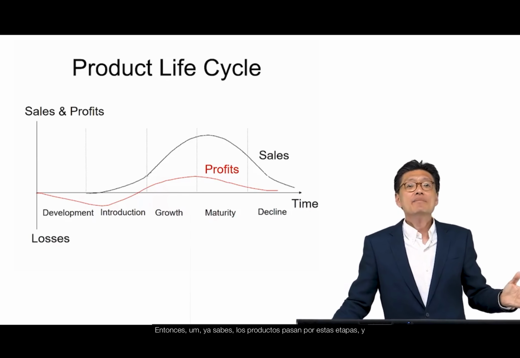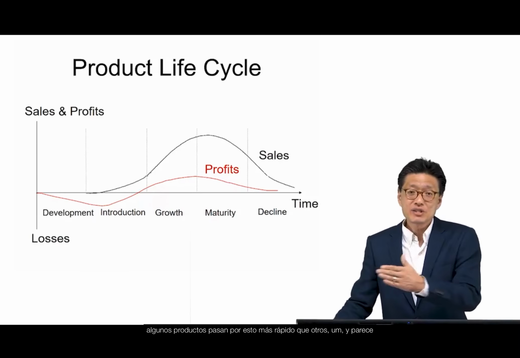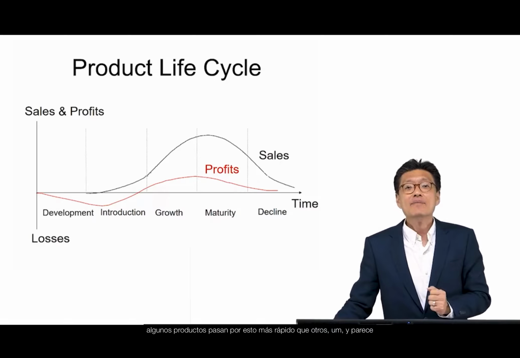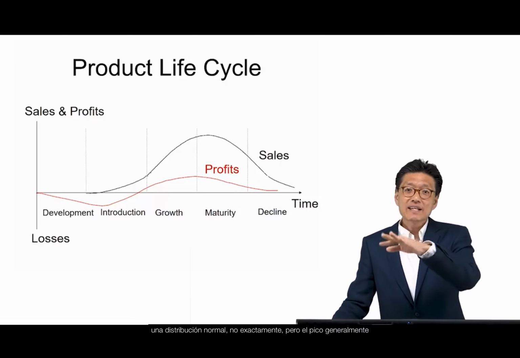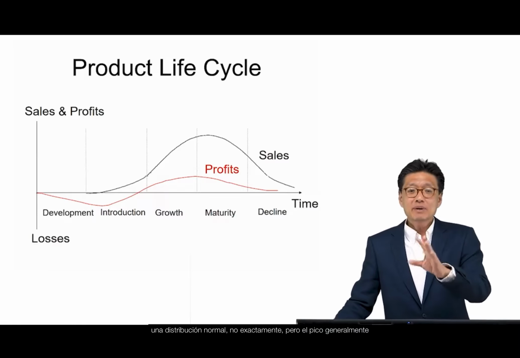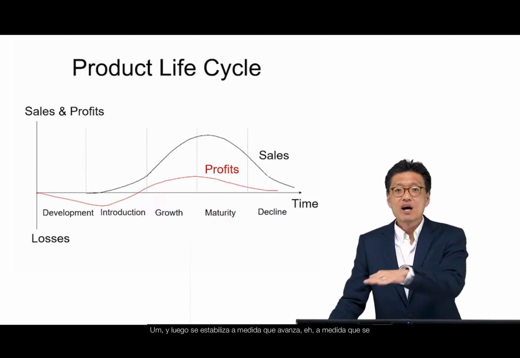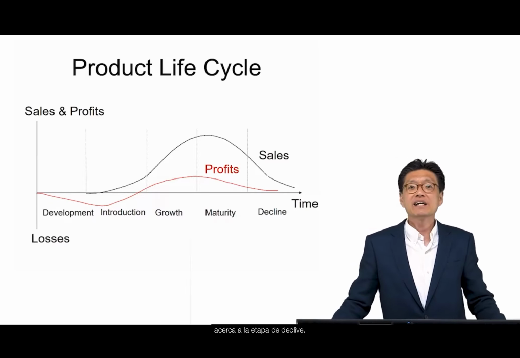Some products go through these stages faster than others, and it looks kind of like a normal distribution, not exactly, but the peak typically occurs at the maturity stage, and then it levels off as you approach the decline stage.